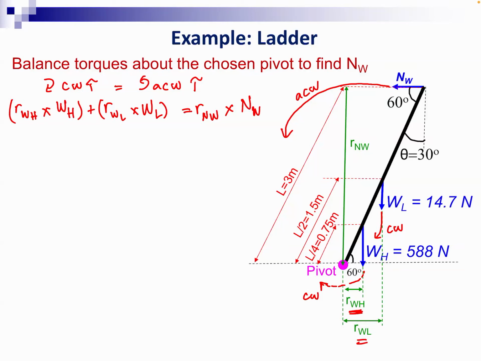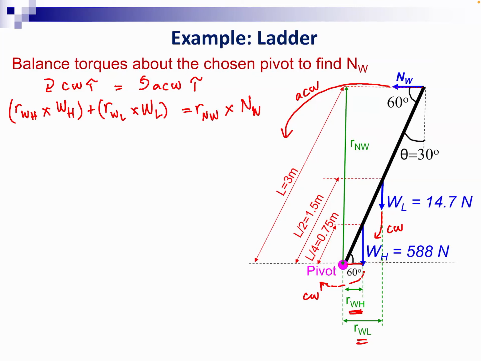So this will be the moment arm of the ladder. The ladder is leaning at a 30 degree angle to the wall. So if that's 30 degrees, then this should be 60 degrees. And that allows us to find the moment arm. This length here is the moment arm for WH, and this length here is the moment arm for WL.